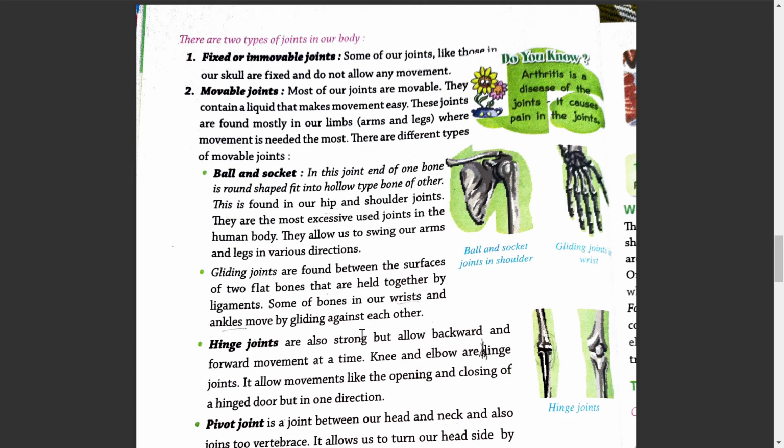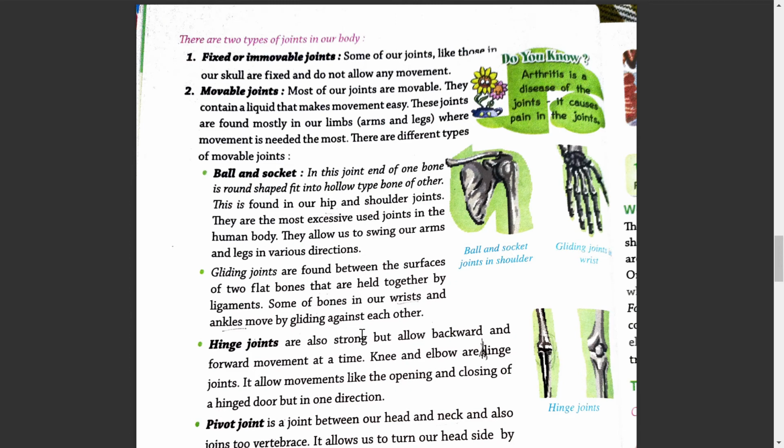They allow movement in all directions. If you try to move your wrist, you can see that it is movable because of the gliding joint.